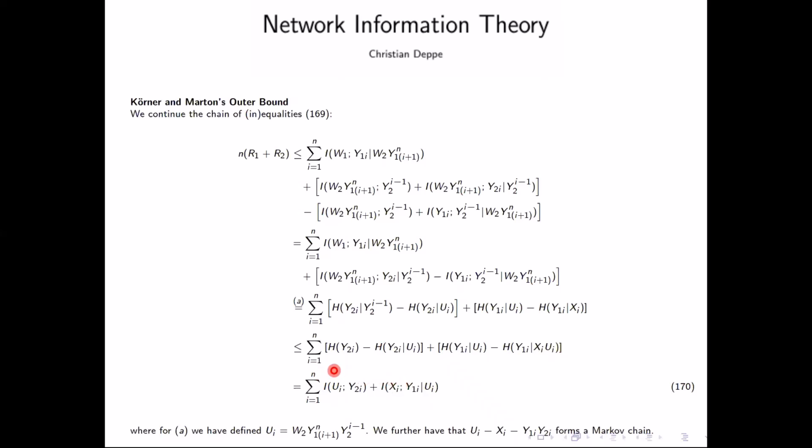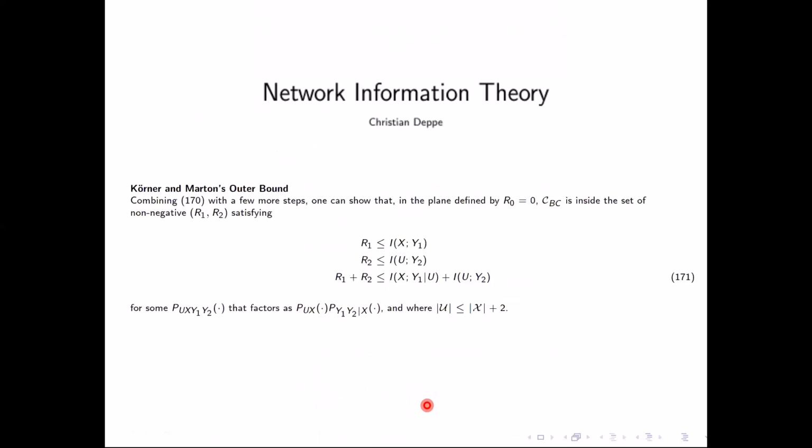And now we use the same idea as for Gelfand-Pinsker. We maximize this over i and take this value here. If we take this value n times, then this is bigger than this, and we have n times the maximum over all i of the mutual information here, and here we have n times R1 plus R2, so this n cancels out, and we can estimate it by the mutual information of U and Y2 plus the mutual information of X, Y1 under the condition U. You can see that on the next slide.